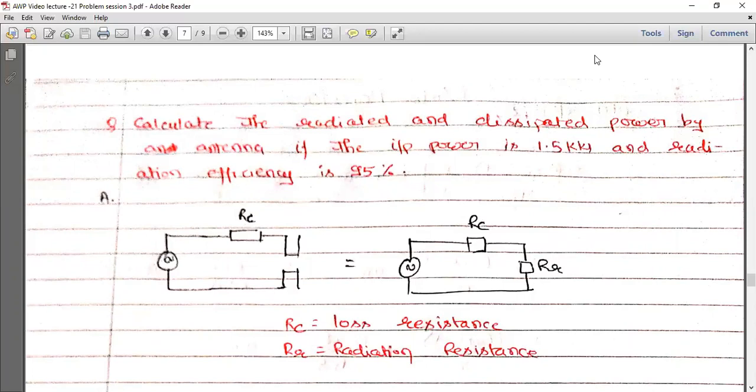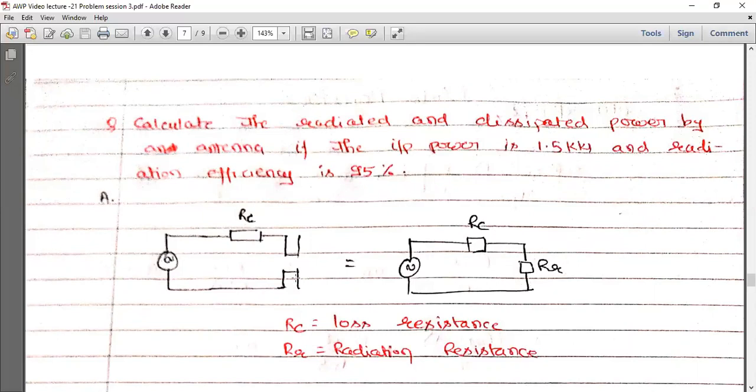So considering all copper losses, whatever there may be in the antenna, we represent all the copper losses by this value R_C, and the remaining power which gets radiated into the free space, we represent by the resistance R_R.